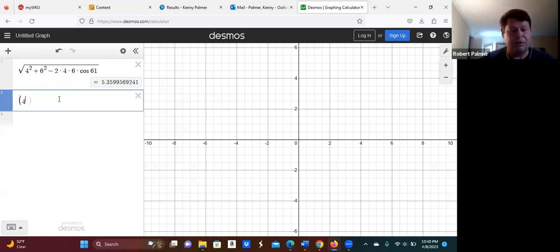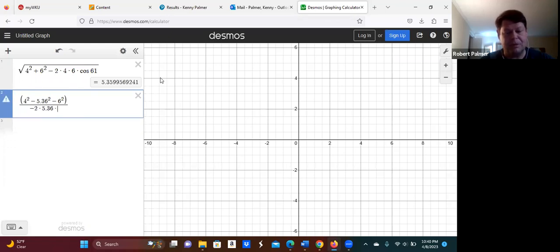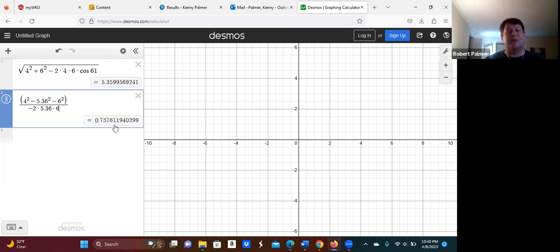So it's 4 squared minus 5.46, 6 squared minus 6 squared, then divided by negative 2 times 5.46, which was A, times 6, and that is approximately, let's do 5 decimal places, 0.75761.